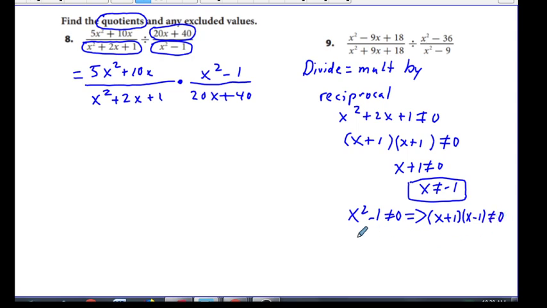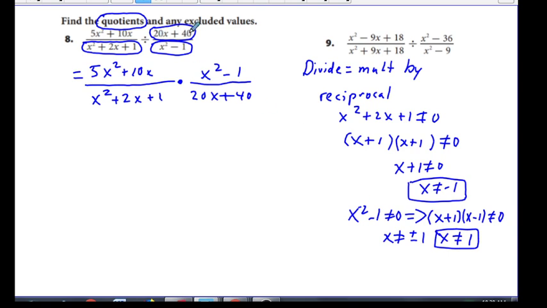So x cannot equal plus or minus 1. Well, we already had negative 1 excluded, but now we have x cannot equal 1 also. So that's another excluded value.